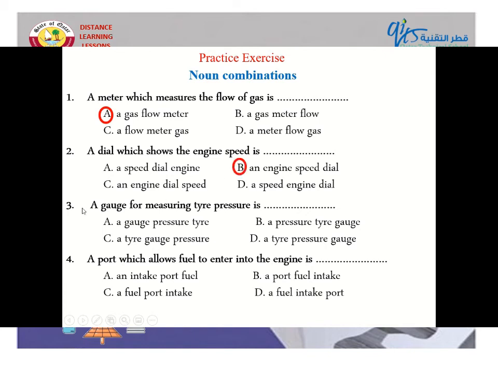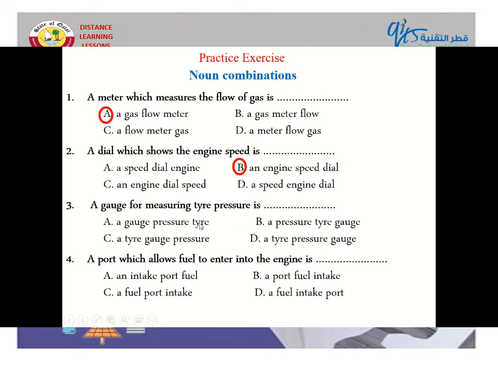Number three, a gauge for measuring tire pressure is. So just like we have in the above, this is the expanded form, and we need to find the noun plus noun combination. And here we have a gauge, which means we must have gauge at the end of the noun plus noun combination.